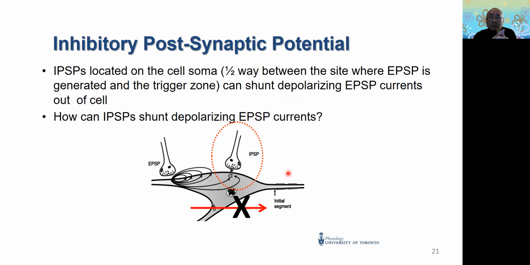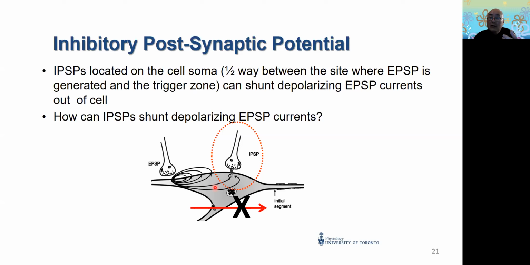Now let me show you an example of what I mean by this. Here is an inhibitory synapse coming in, which will be releasing neurotransmitter, and here's an excitatory synapse releasing its transmitter. Again, it's not the transmitter released that's important, it's the type of receptor that it's acting on. Here we're seeing the spread of an excitatory potential.